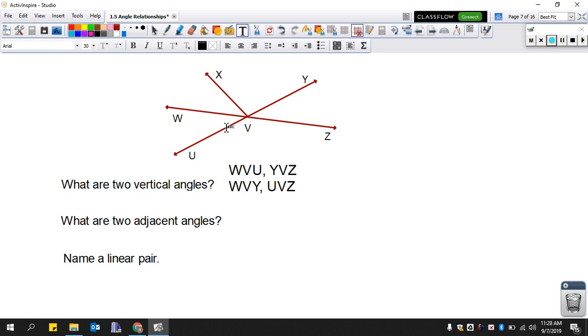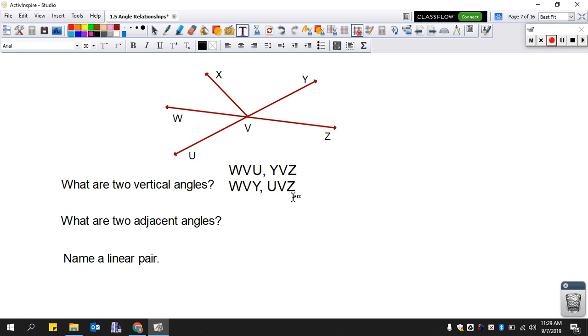All right. Let me go back here to the vertical angles. Most of the time in your classwork, you only have to name one of these pairs. So you only have to name WVU and YVZ, and you would write it like I wrote it here. Or you could say WVY and UVZ. You do not have to write both of them.